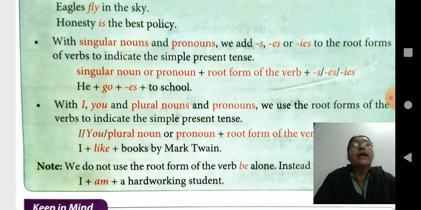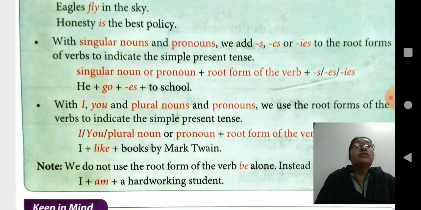With I, you and plural nouns and pronouns, we use the root forms of the verbs to indicate the simple present tense. Root form of the verb means base form of the verb. I, you, plural noun or pronoun plus root form of the verb. I like to sing. I like books by Mark Twain.